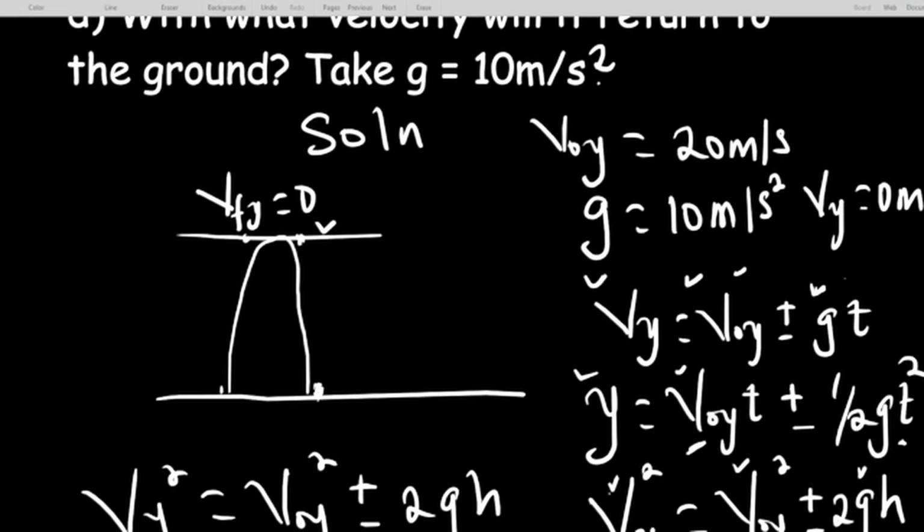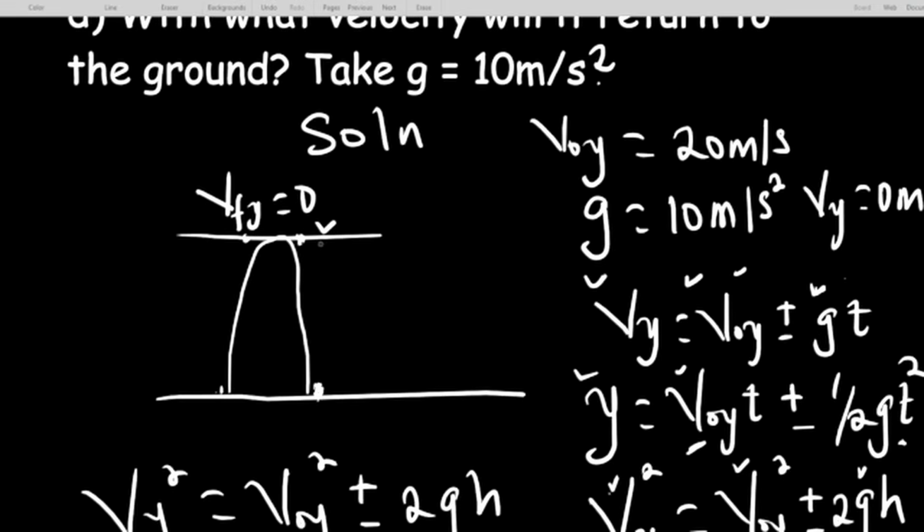But we can also decide to use the initial velocity to find the total time. It is still possible. So let's see what we can do in this very case. We can either use the first method, which is from the maximum height down, or we can use everything.